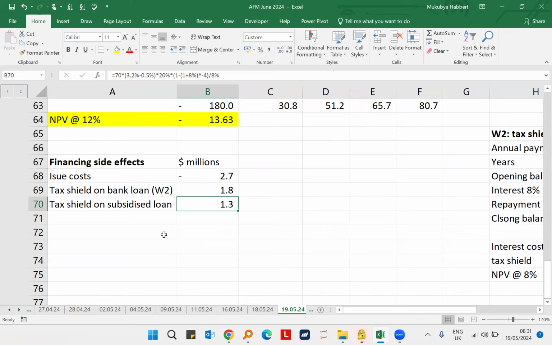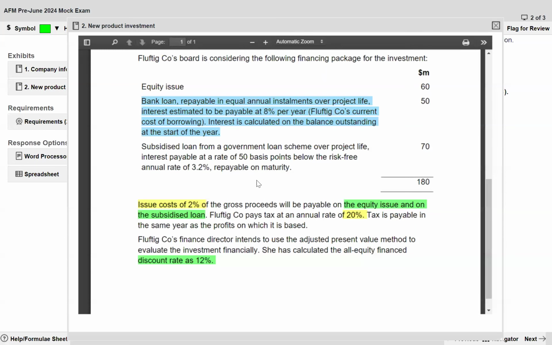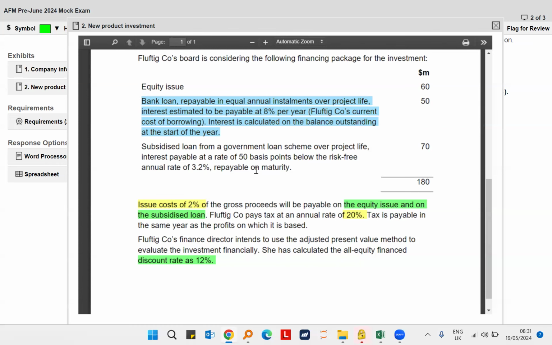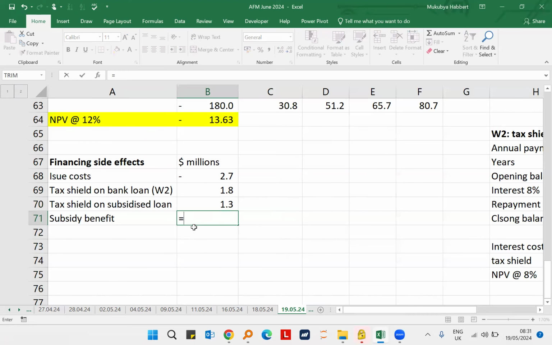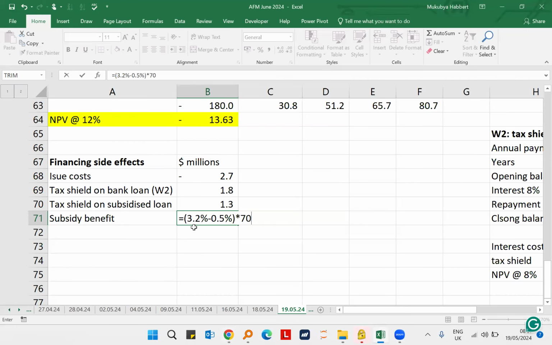Then from there, we also bring the subsidy. So the subsidy, instead of paying at 3.2, we are going to pay at 50 basis points less. So we are going to come here and say 3.2% minus 0.5%, multiplied by the subsidy on the 70 million loan.